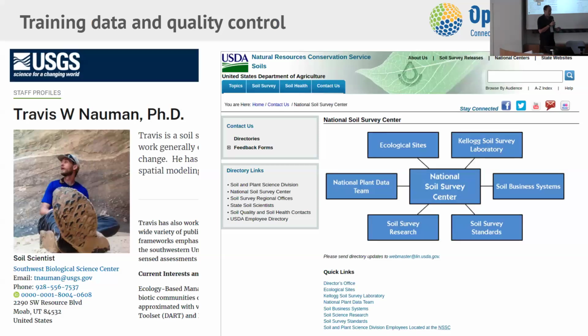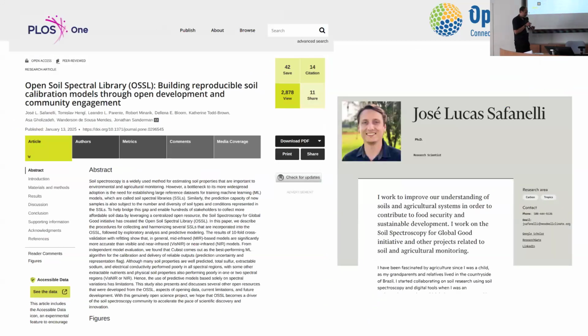We also got help from Travis Neumann, especially with checking the point data and harmonization functions. The biggest source of the point data is USDA and USGS, almost 40% of training points. So it's a bit of over-representation of the US, but it was very important to get the data, and we had many meetings and harmonized step by step.